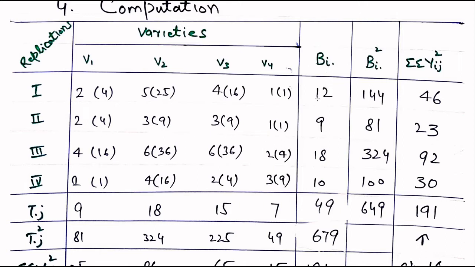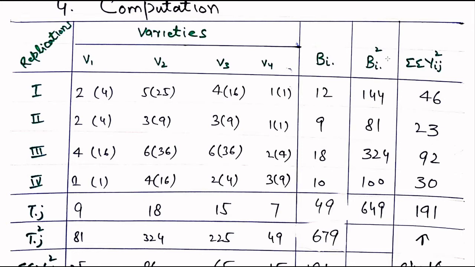Bi dot means B1 dot, this is B2 dot, this is the first block, and dot means there is variation in values on the column side. As you know, this is the first column, this is the second, so we say this as Bi dot. Similarly, adding these terms, 1 plus 4 is 5 plus 2 is 7 plus 3 is 10.